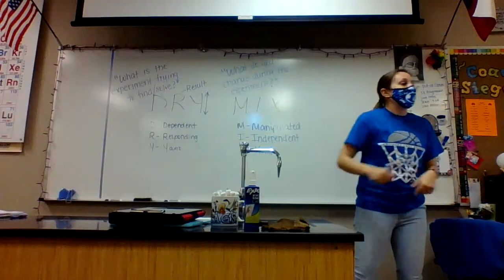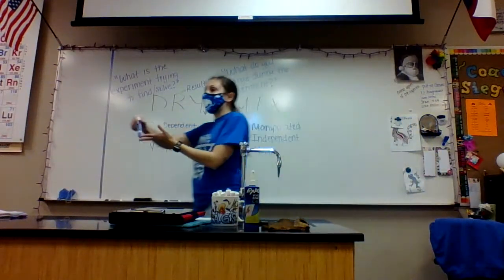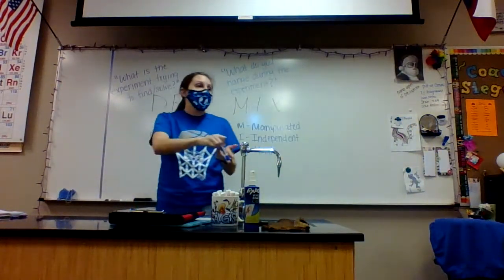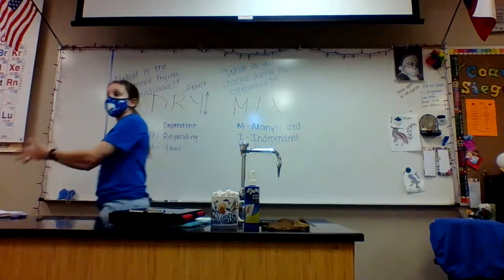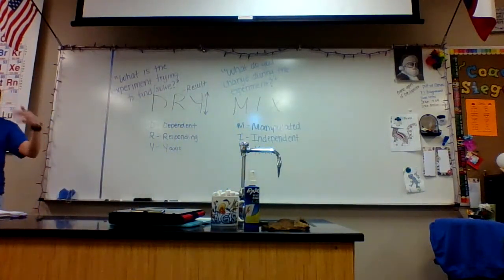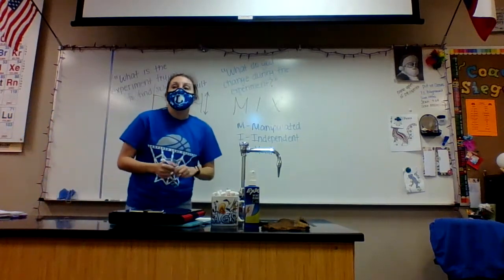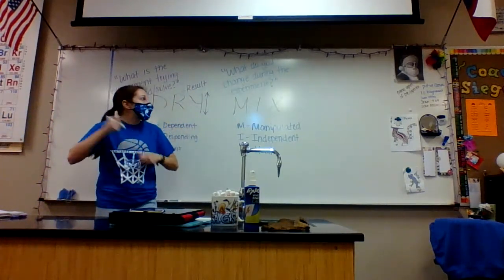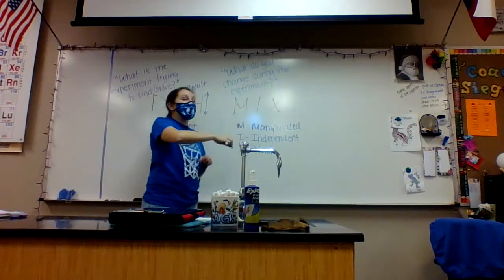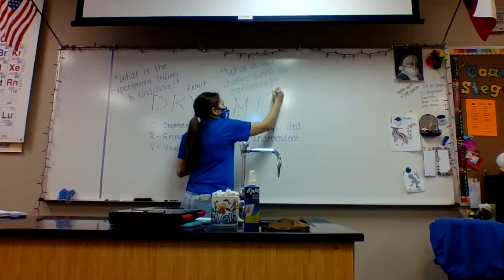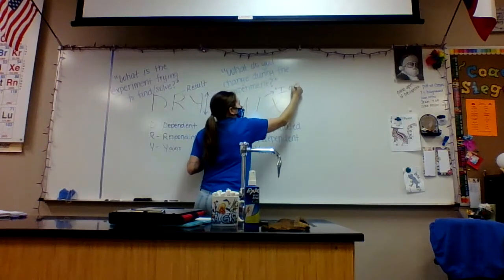Am I going to use this high dollar fertilizer I got from Lowe's? Am I going to use water and sugar? I change what I'm feeding that rose bush, so that would be my independent variable. Another way to remember which one is your independent, if I look closer at this I right here, it also tells me that it's whatever I control.